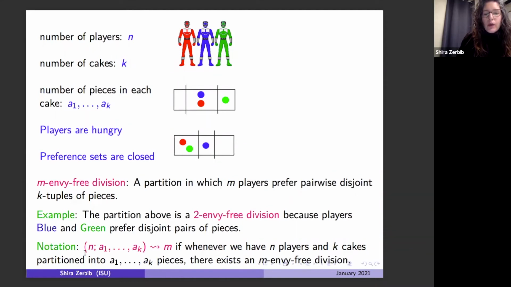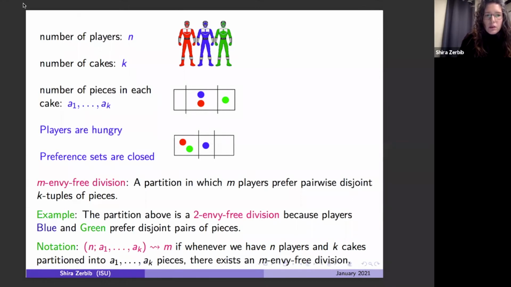So we write n, A1 to Ak, curly arrow m, if whenever we have n players and k cakes that are partitioned into A1 pieces, A2 pieces, Ak pieces each, then there exists an m envy-free division of the cakes.